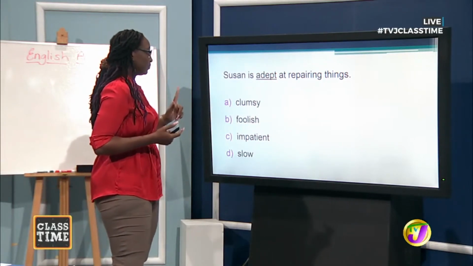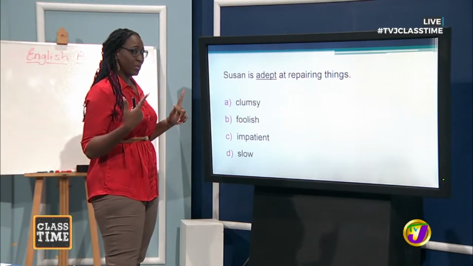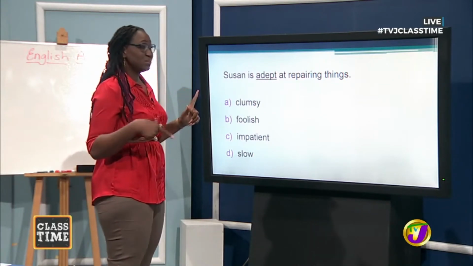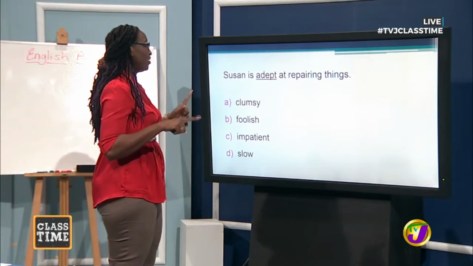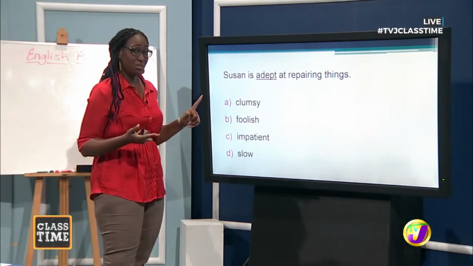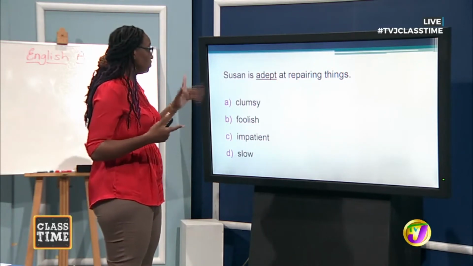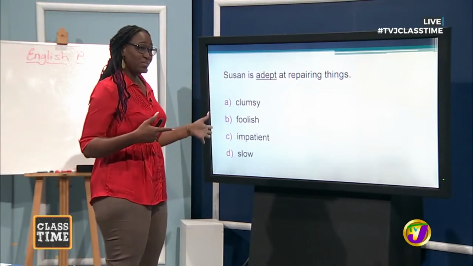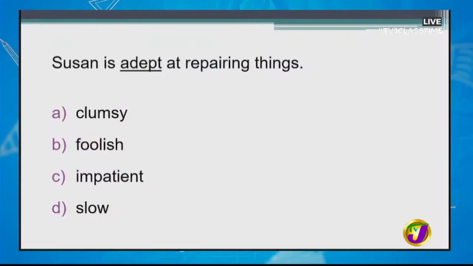So adept means one thing. And we need to know what is the opposite of that. When you're adept at something, you're good at it. So which of these conveys the meaning that you're not so good at it? So we have clumsy, we have foolish, we have impatient, and we have slow.